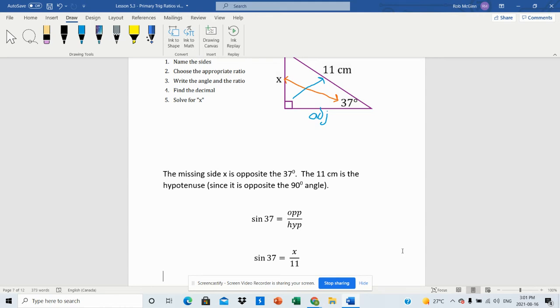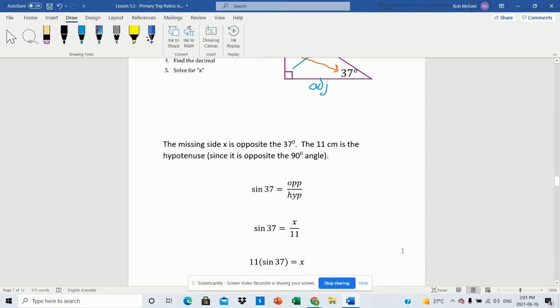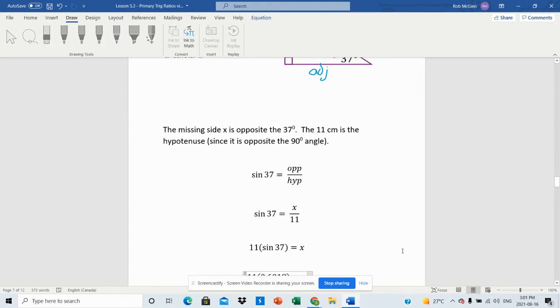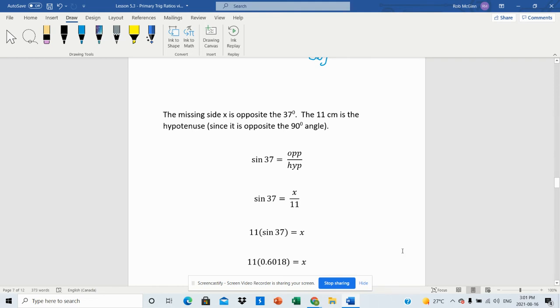Now we're going to follow the same process we followed earlier. We're going to get rid of our fraction here. We're going to do 11 times sine 37 equals x. Now we're going to evaluate sine 37, and that's going to give us a decimal. So 11 times, in brackets, 0.6018. So when we do 37, hit the sine button, should give us 0.6018.